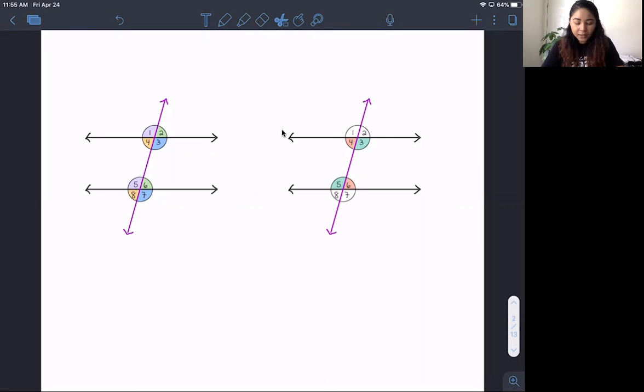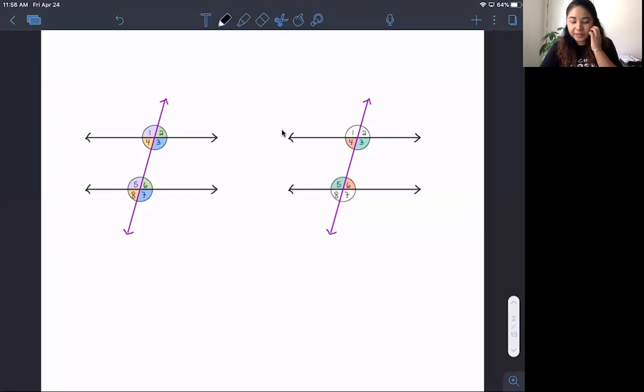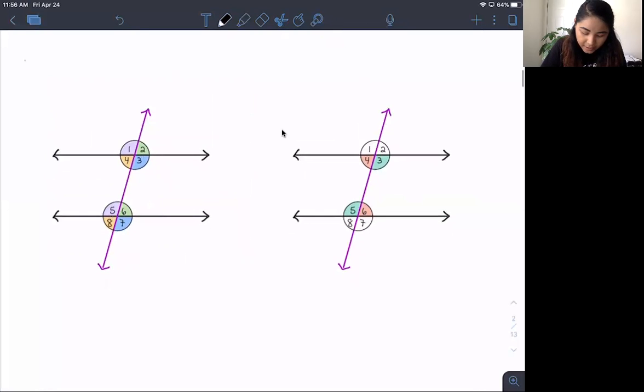So let's start off with our first angle relationship, which is this one right here. If you remember from the Nearpod or the games and stuff, this one is showing what we call corresponding angles, right?